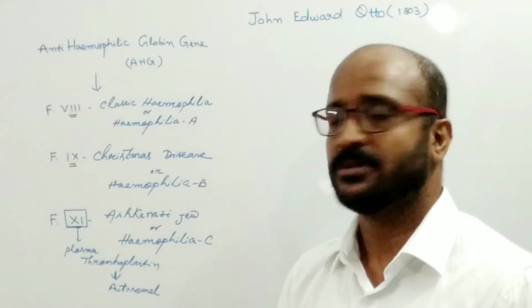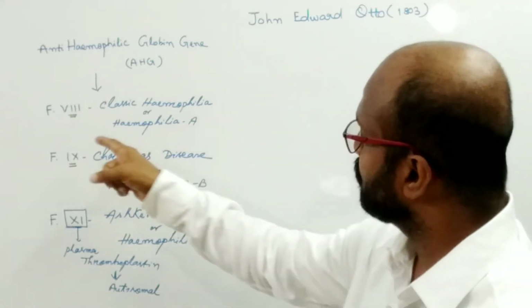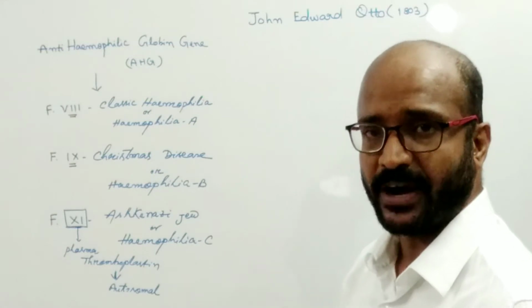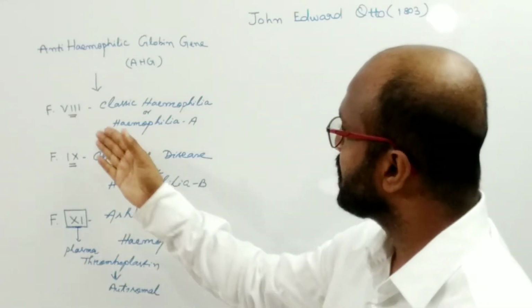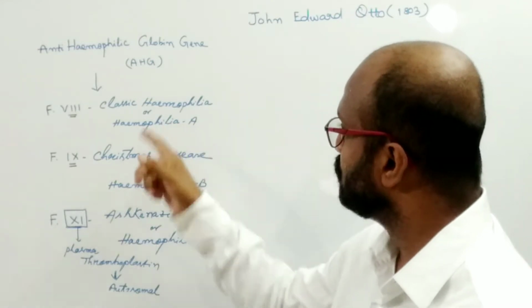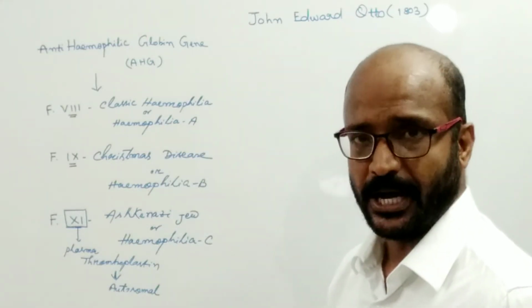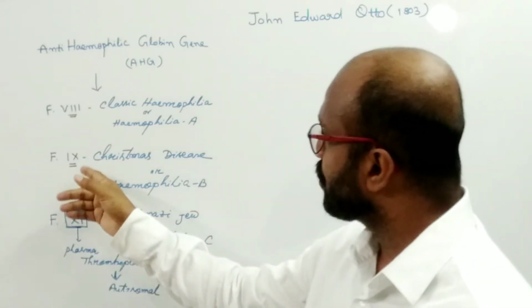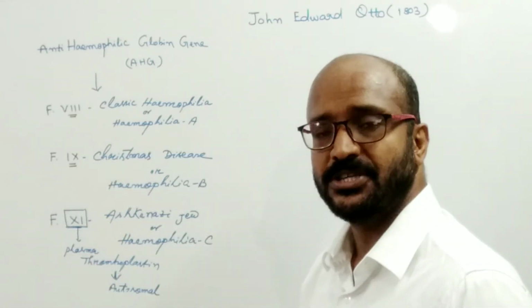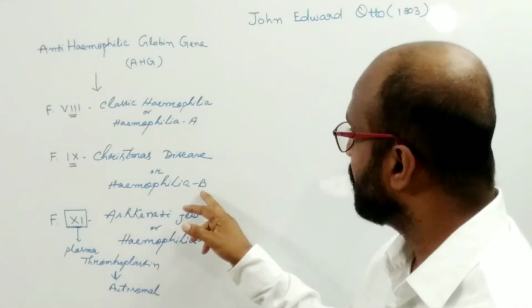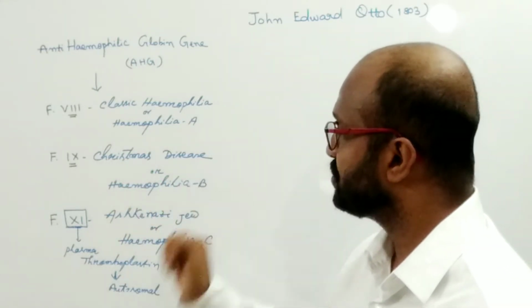Out of these 12 blood clotting factors, blood clotting factor number 8, which is known as the anti-hemophilic factor, if absent, causes hemophilia A, which is known as the classic hemophilia. If we have a lack of blood clotting factor 9, which is known as the Christmas factor, it causes hemophilia B, or the Christmas disease.